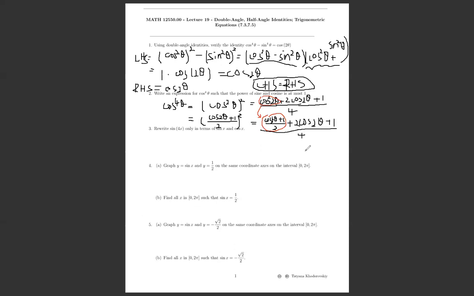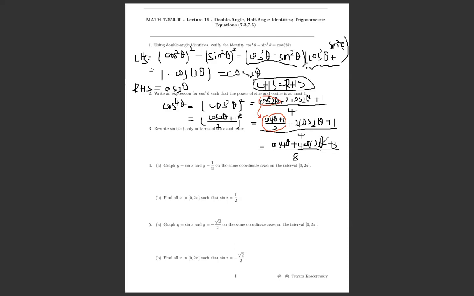Of course, you can do another simplification by getting rid of the fraction 2 here, multiplying by 2 on both sides of the fraction. Cosine of 4 theta plus 1 plus 2, you have plus 3 plus 4 cosine of 2 theta.